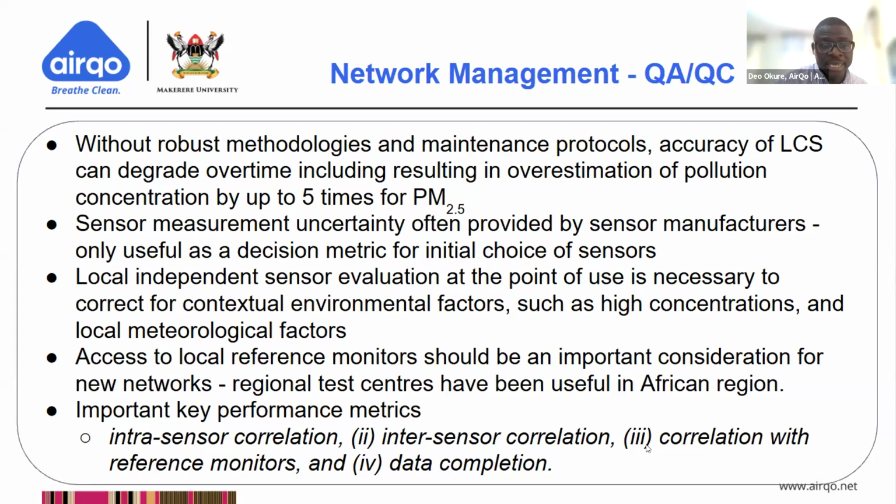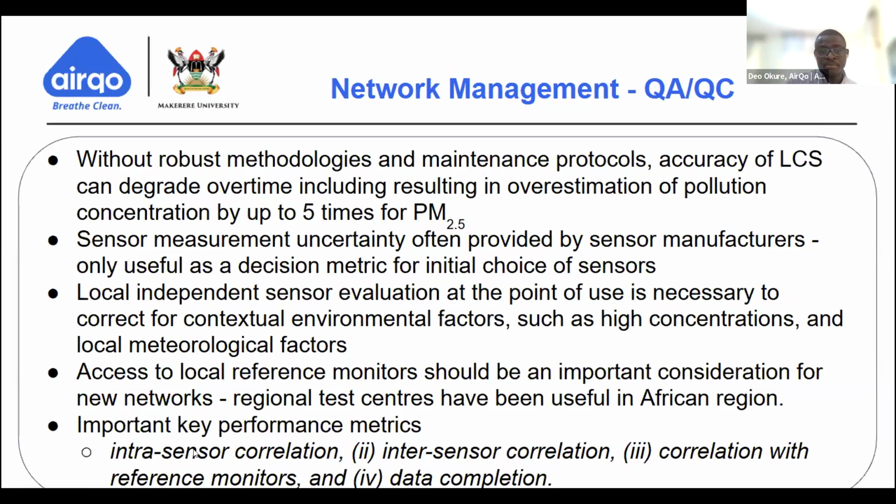But I do want to also highlight some of the important metrics when it comes to sensor quality assurance. One, we need to ensure the inter-sensor correlation. If you're familiar with most of the sensor boxes now, many of them come with dual sensors.